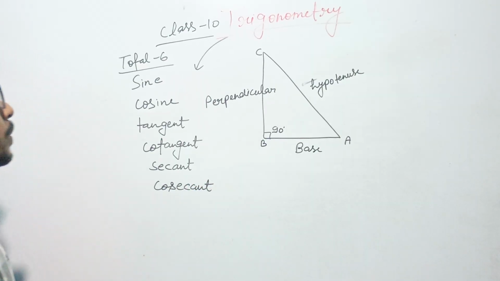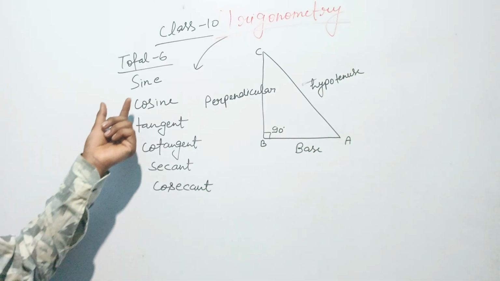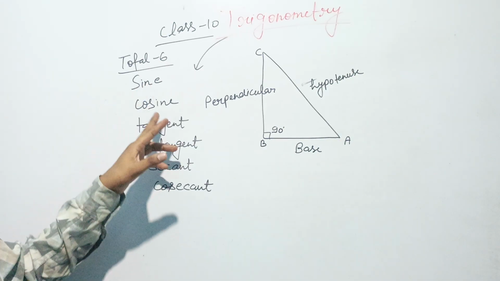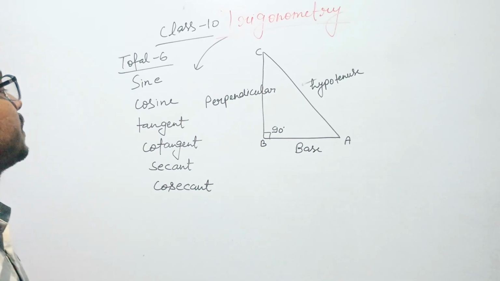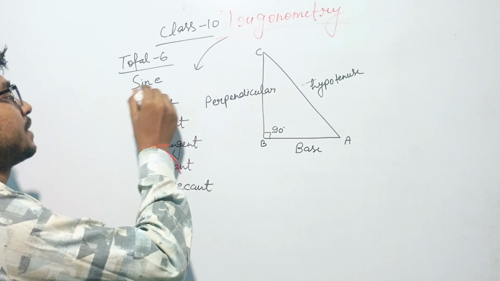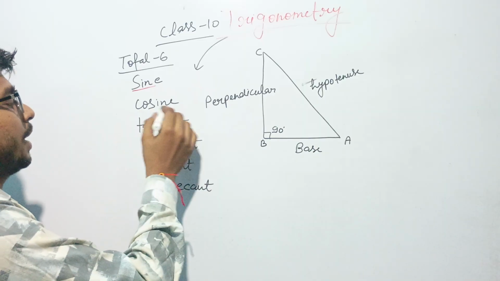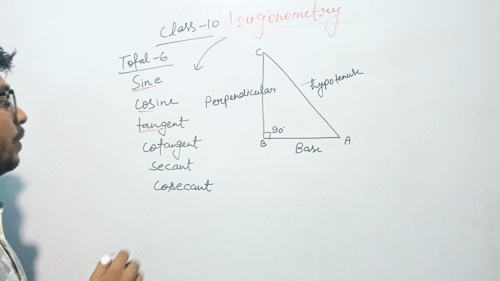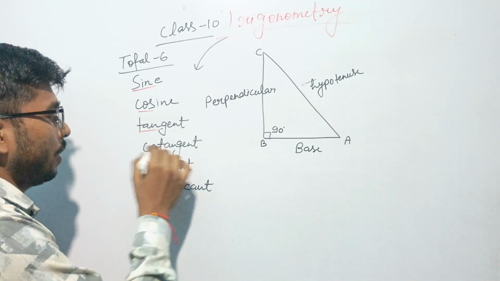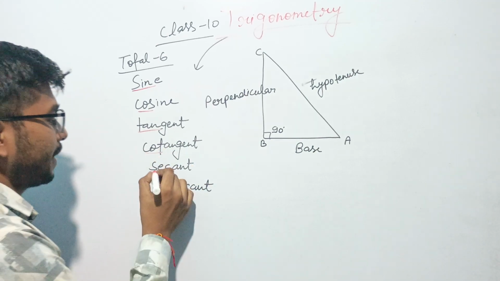Okay, so for convenience we use just the starting term, we don't use the full term. For sine we use sine. For cosine we use cos. For tangent we use tan, 3 letters. For cotangent we use cot. For secant we use sec.